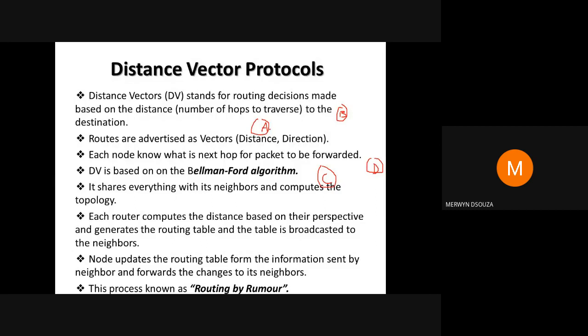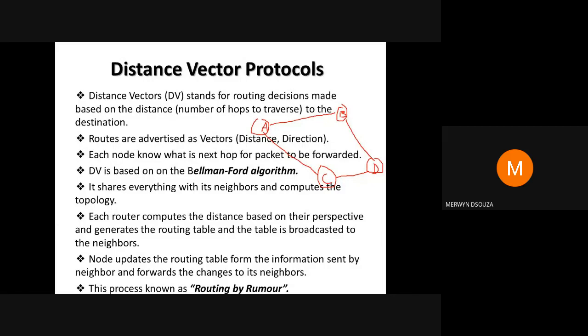Here we'll assume that B and C are the neighbors of A. So A can communicate only with B and C. It cannot communicate with D. It will never be able to find out the status of D directly. It can only find out the status of D based on the information given by its neighbors.